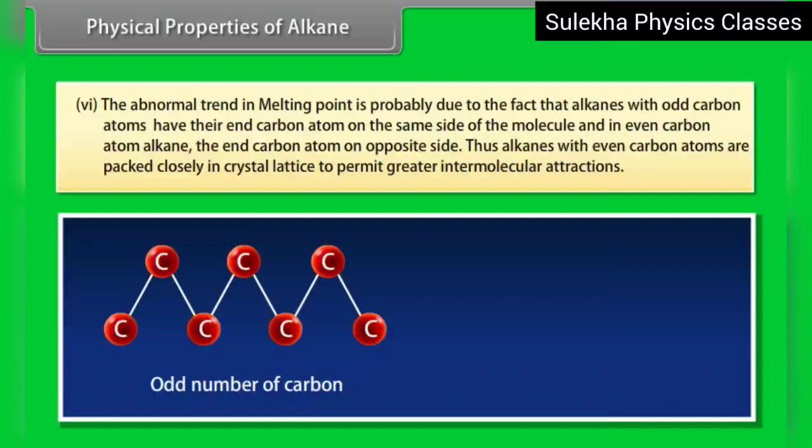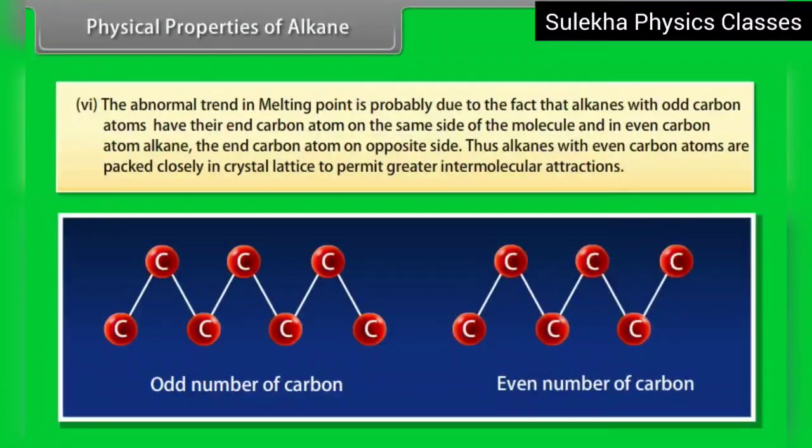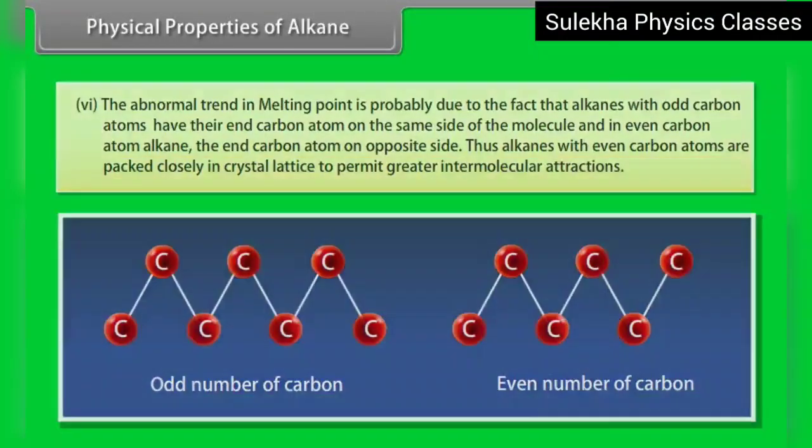The abnormal trend in melting point is probably due to the fact that in alkanes with odd carbon atoms the end carbon atoms are on the same side of the molecule, and in even carbon alkanes the end carbon atoms are on opposite sides. Thus, alkanes with even carbon atoms are packed closely in the crystal lattice, permitting greater intermolecular attractions.